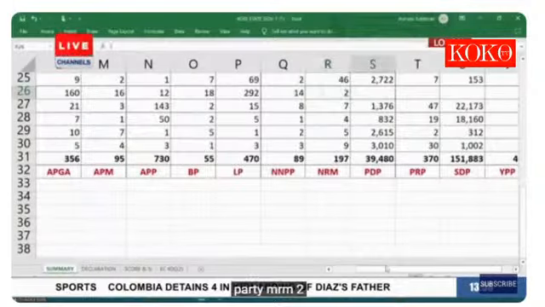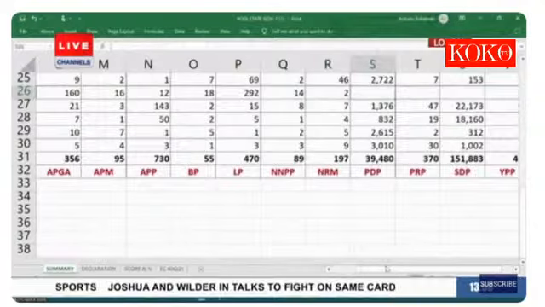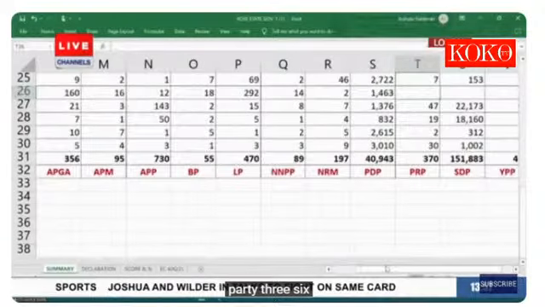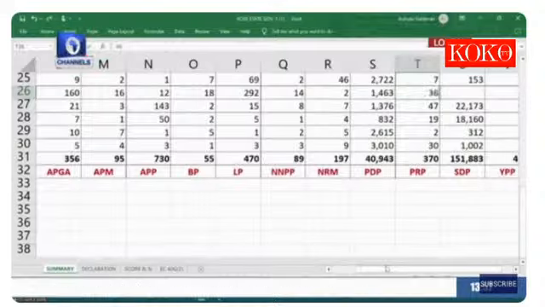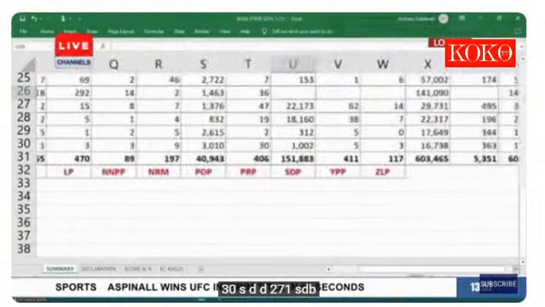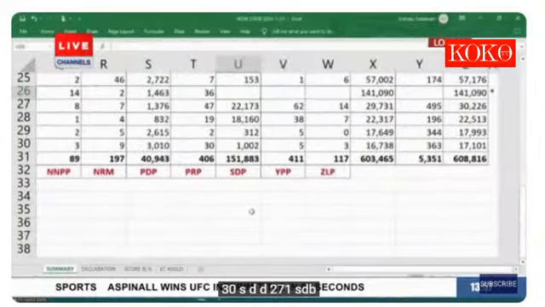Party PPP 1463. Party PRP 36. Party SDP 271.